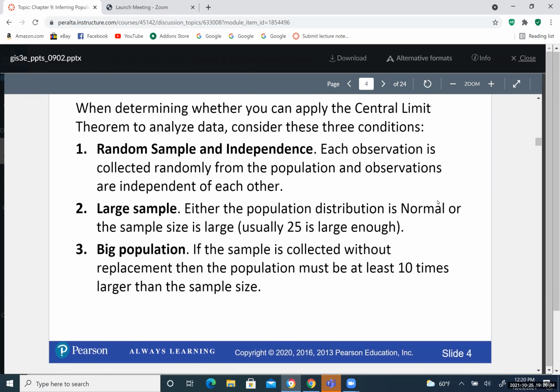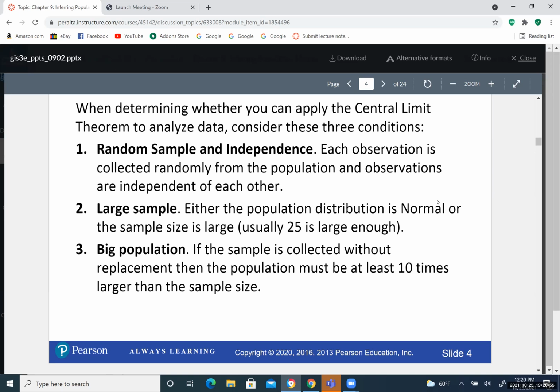So here, let me see. When determining whether you can apply the central limit theorem to analyze data, consider these 3 conditions. The first one: random sample and independence. What does it mean?